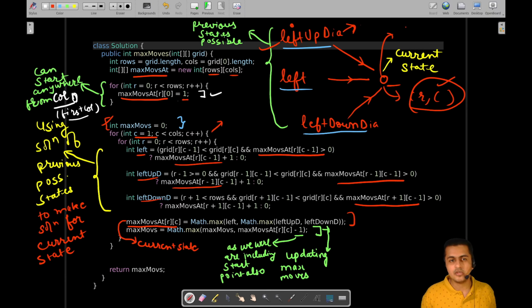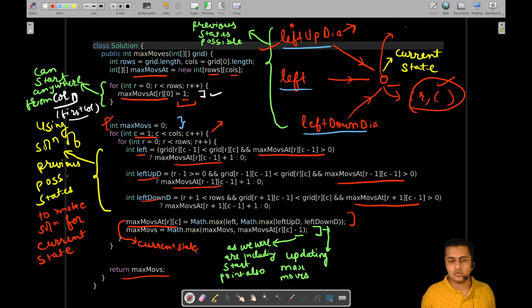Then once you are done with all this and have populated your maximum moves array, you return the maximum moves that you have stored. And this is the whole approach and the implementation.